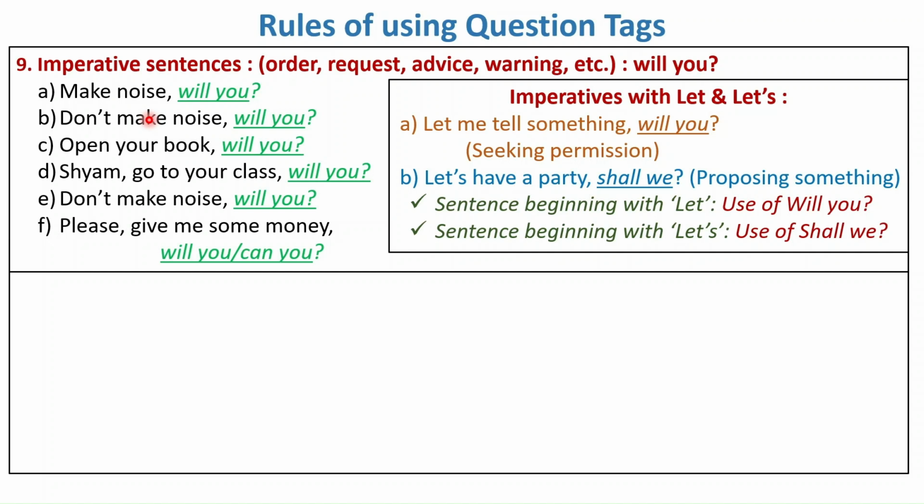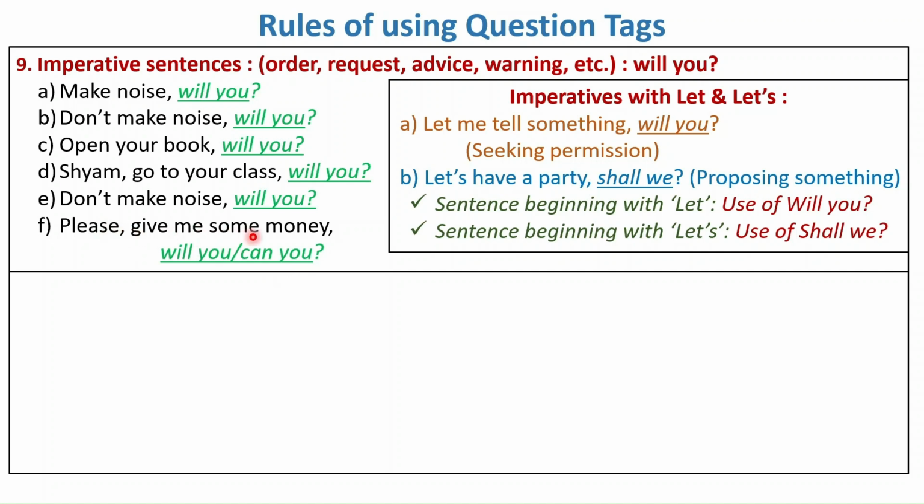That doesn't matter. And the question tag remains the same because will you, it asks whether that person follows our order or request or not. We use will you in both positive and negative imperatives. And sometimes we can use can you as well. If we are asking for their ability, in such situation we can use can you as well.